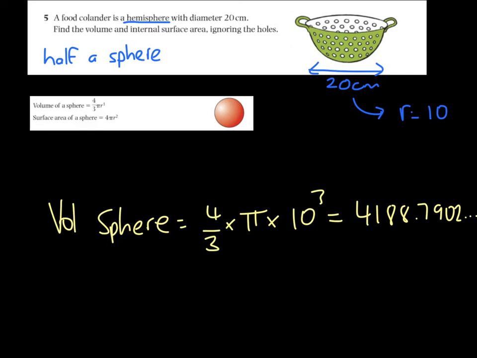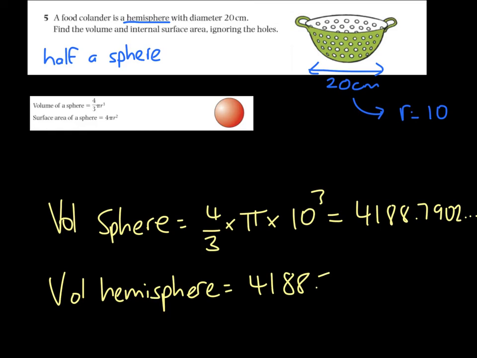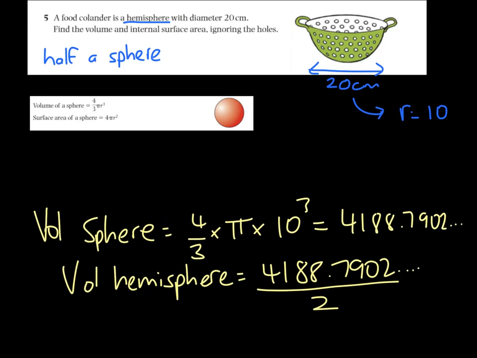Now I'm not going to round that, because I want to find out the volume of my hemisphere. So the volume of the hemisphere is just going to be 4,188.7902... divided by 2. I'm just running out of room here at the moment, so let me shrink that work down.